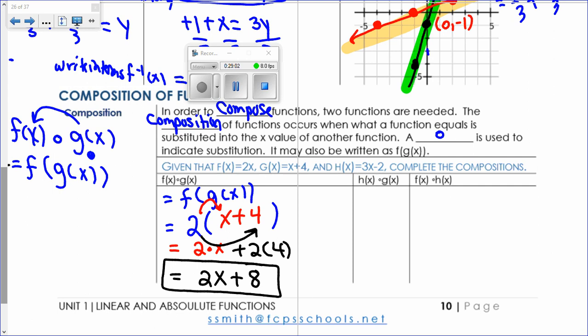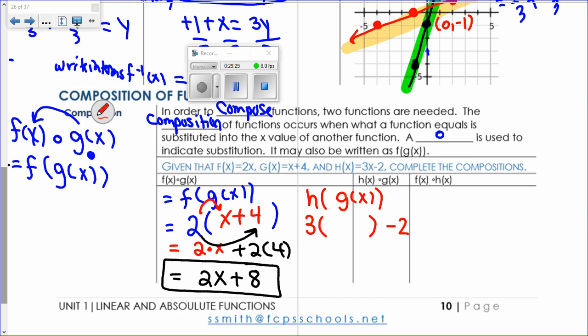In the middle, we have h of x composed with g of x. And you write it out. What's going inside of h? g of x. So write out h. We have 3 times g of x minus 2.